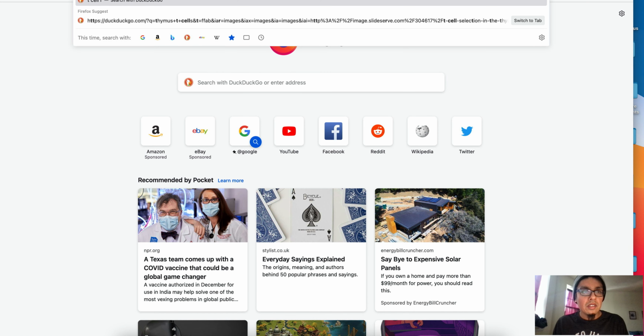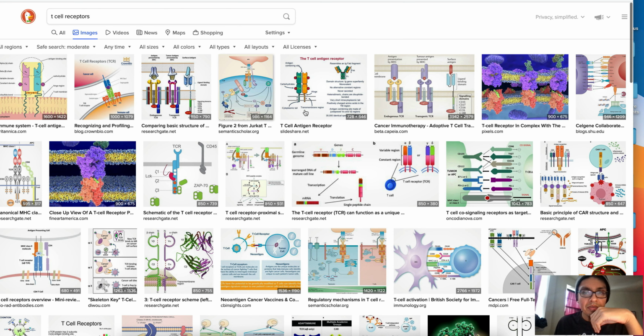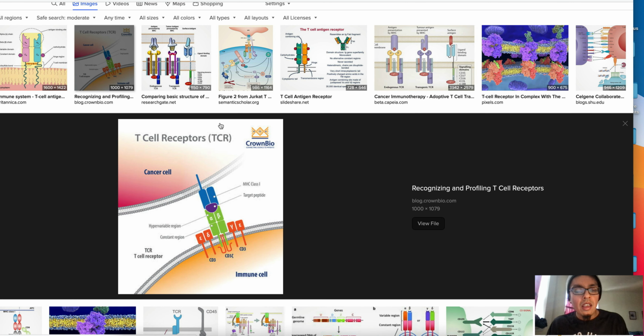T cell receptors. We talked about B cell receptors yesterday, right? But T cells also have receptors, which they use to differentiate, for several reasons similar to what B cell receptors do.